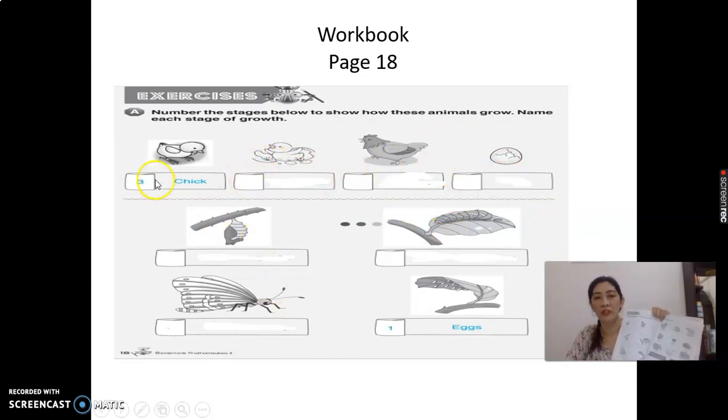Number 4. Because we have already answered number 3. You need to write numbers and write the name. Write the number and write the names.